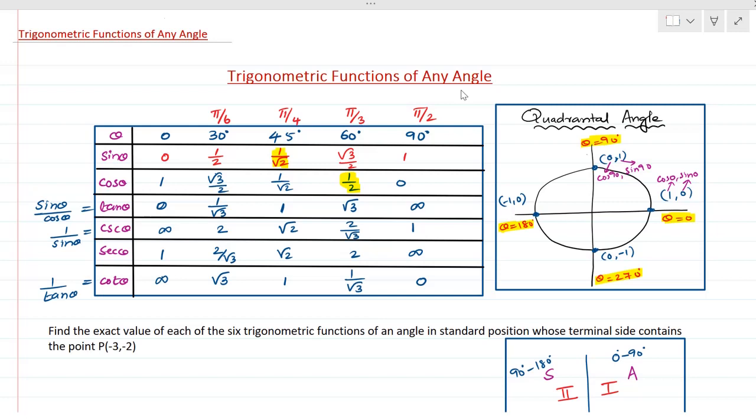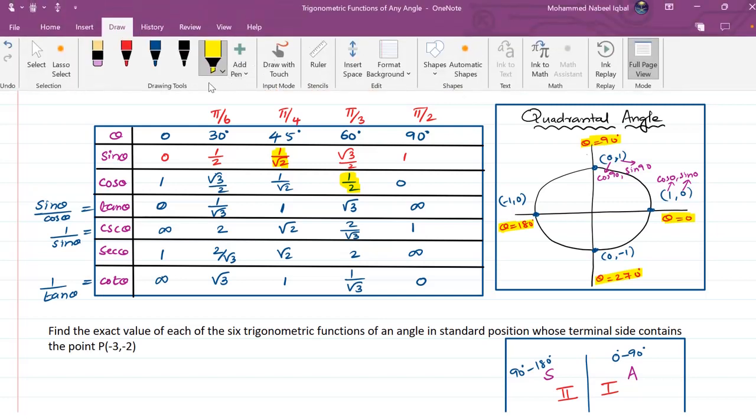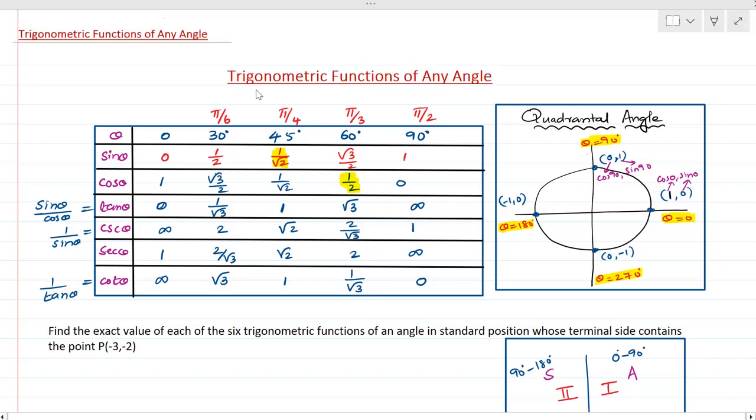And how will you remember these values? These values can be easily found by using a unit circle. I put the points 1 comma 0, minus 1 comma 0, then 0 comma 1 and 0 comma minus 1. Now at each angle, the first term is for the cosine, the second term is for the sine. Here the angle is 0, cosine 0 is 1, sine 0 is 0.